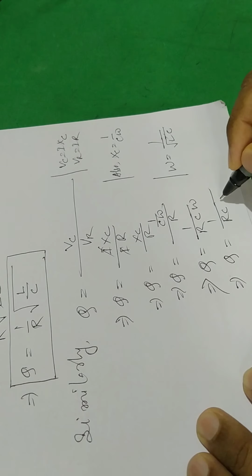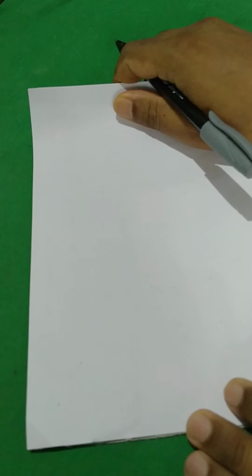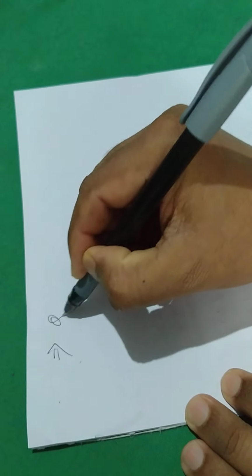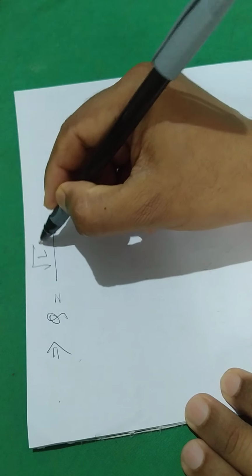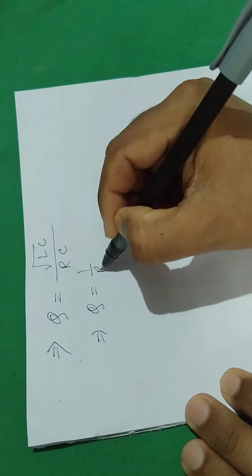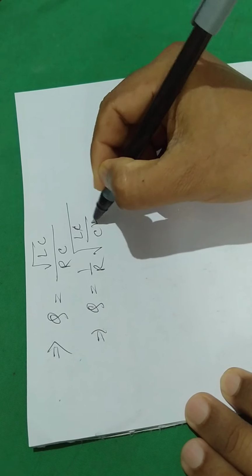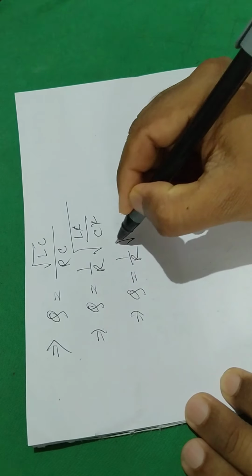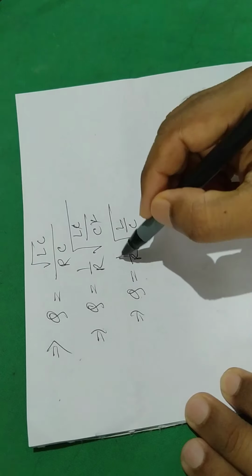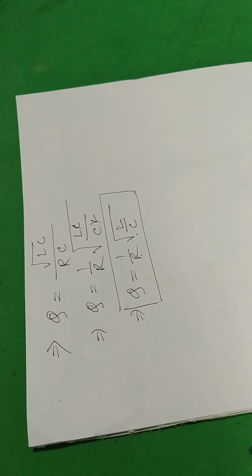So Q equal to 1 by R times 1 by C times root of LC; root of LC will go upside, and downside is C. Again keeping 1 by R and taking C inside the square root, C becomes C square, so one C cancels, Q equal to 1 by R root of L by C. Again the same expression we are getting for capacitor. So both are the same expression.